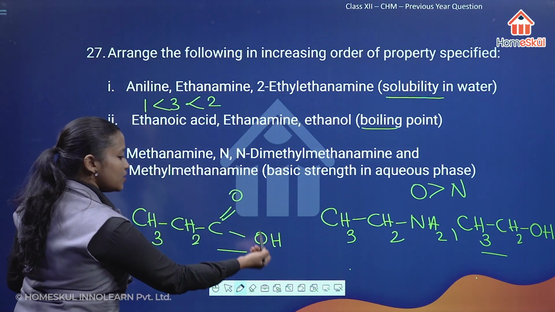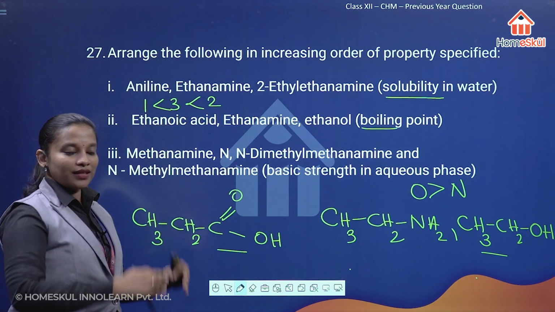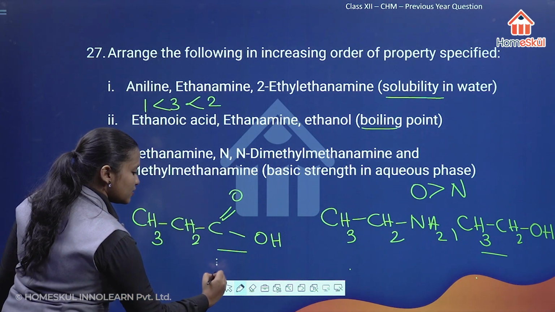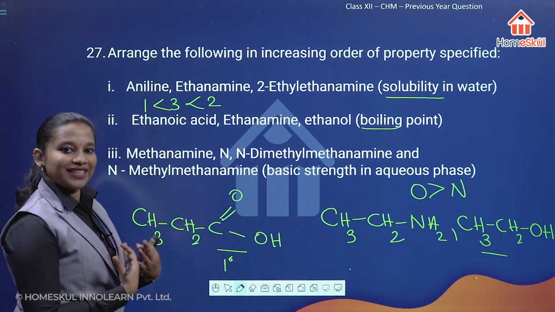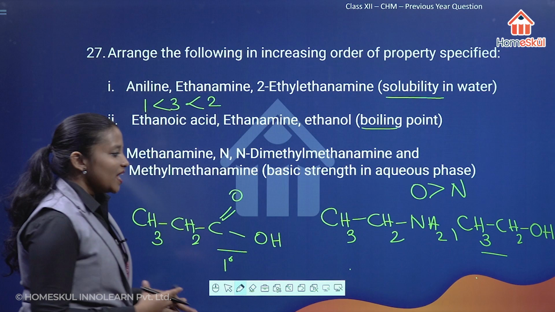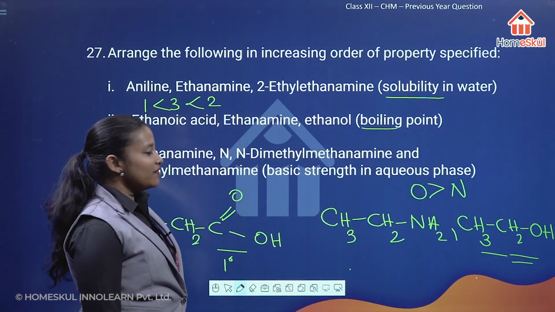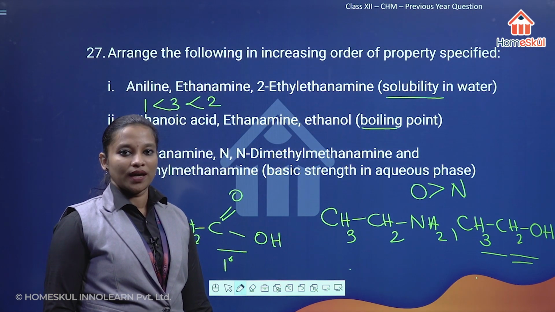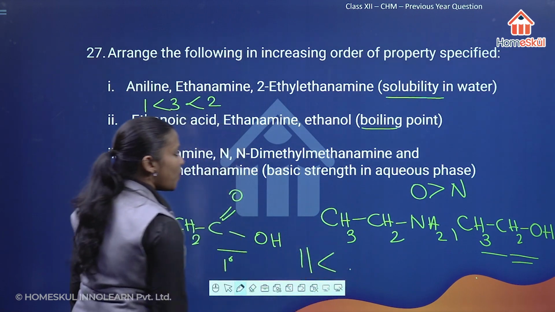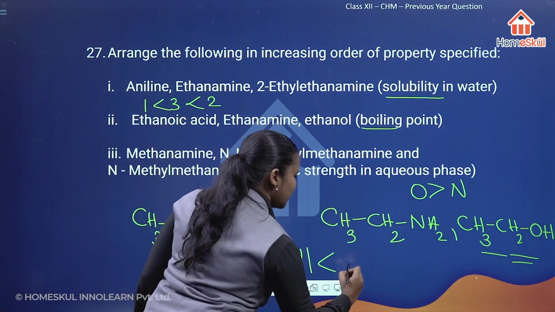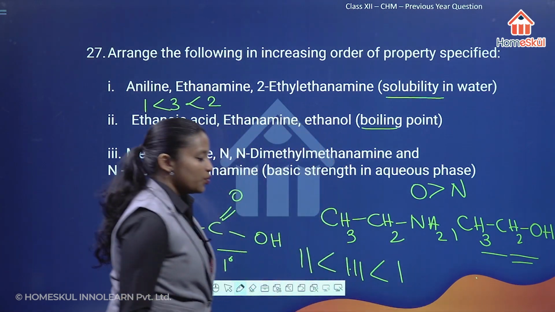This one, because it has two oxygen atoms, will form hydrogen bonding between themselves, so it has more boiling point. The second goes to ethanol, and this amine has less boiling point. So the second one has the least boiling point, then comes the third one, and finally ethanoic acid has the highest value.